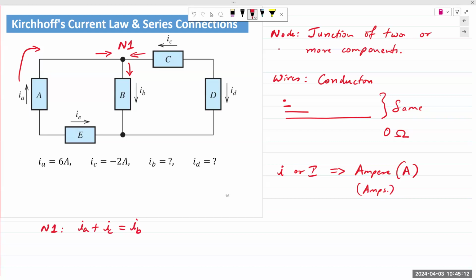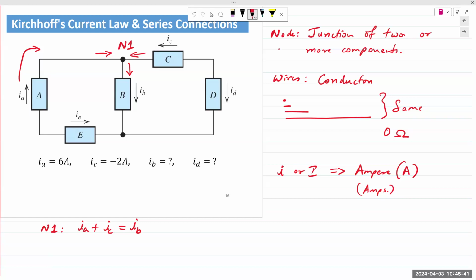The qualitative description would simply be that IA and IC are combining to give me IB. Make sense? And that is KCL, Kirchhoff's current law. Mathematically, all the currents entering a junction I place on the left side of the equation, and all the currents leaving the junction I place on the right side of the equation. And you have a mathematical description.